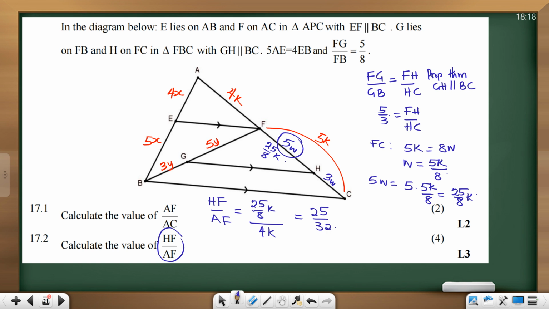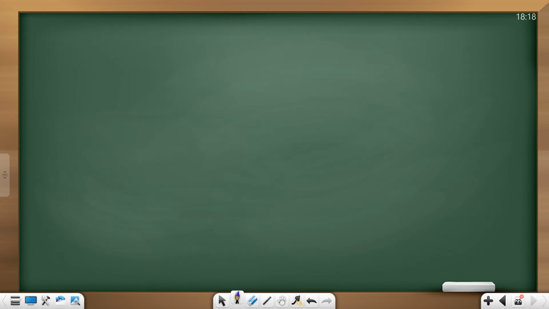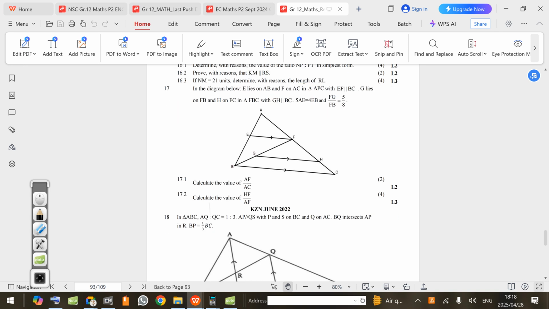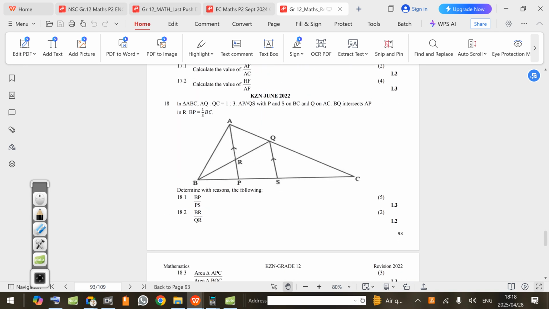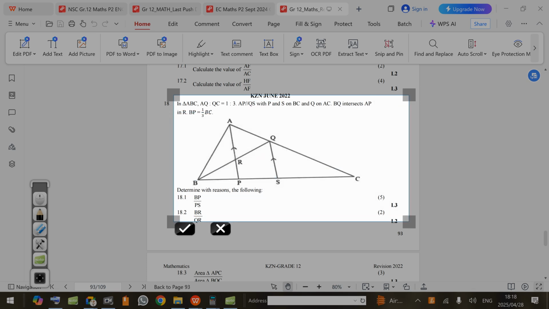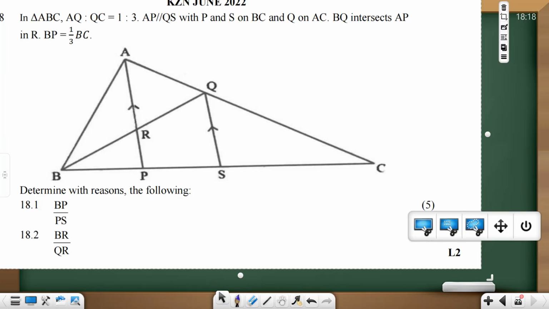Okay, can I just look for another one? Quickly? I want to make sure that before we start jumping around to other questions. Okay, let's start with this one. And this one has a lot of areas. I see the areas at the bottom, but we are going to move step by step. There we go.